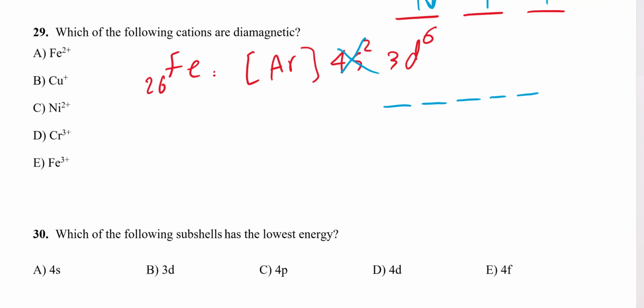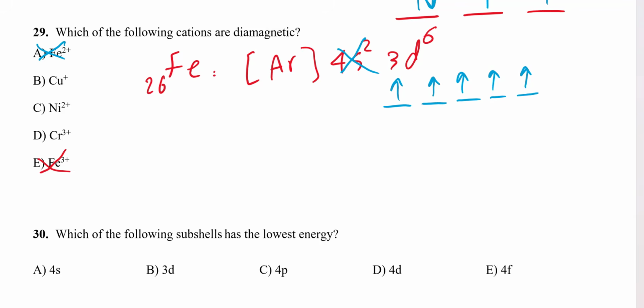So d6, we have 4 single electrons. So it is paramagnetic. So A is not the answer. Because we have iron 3 here, if I remove another electron for iron 3 electron configuration, we still have single electrons and it is not diamagnetic.